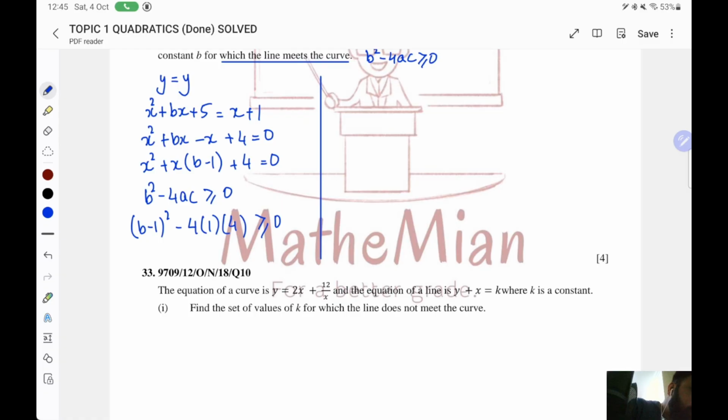So it will become b minus 1 whole square minus 16 greater than or equal to 0. Can you see you can apply some identity now? Which identity do you think you can apply? You can apply a square minus b square, which is a plus b, a minus b. Now how will you apply it? The entire question will look like this.